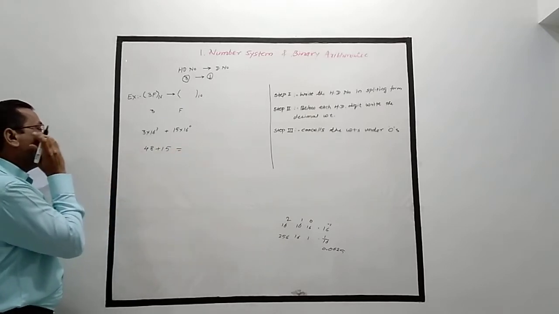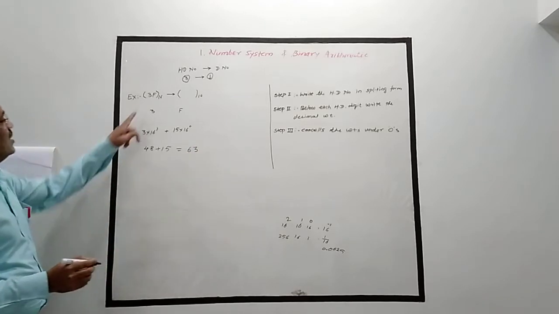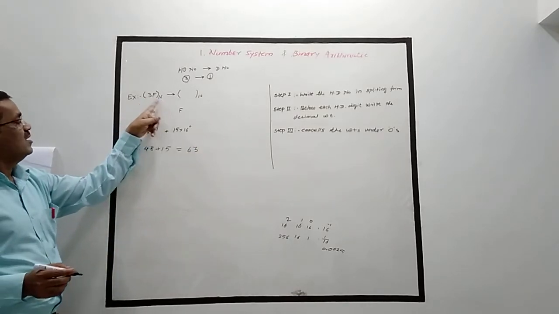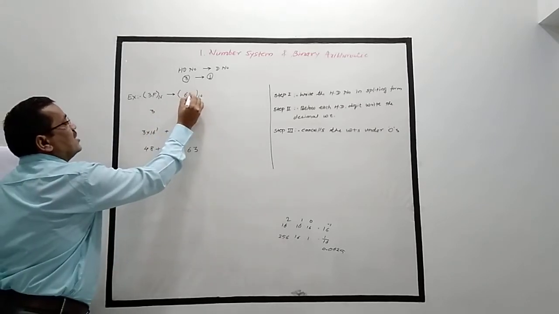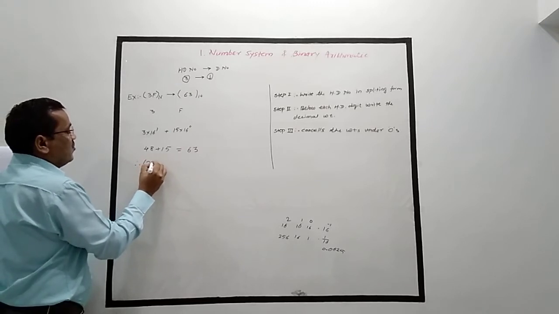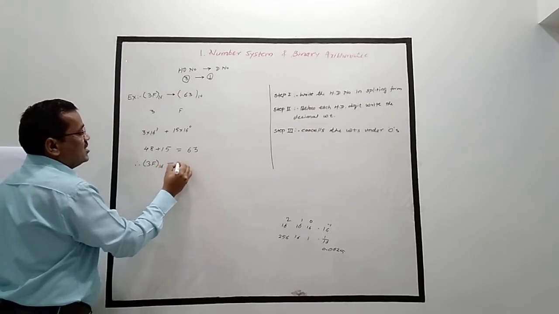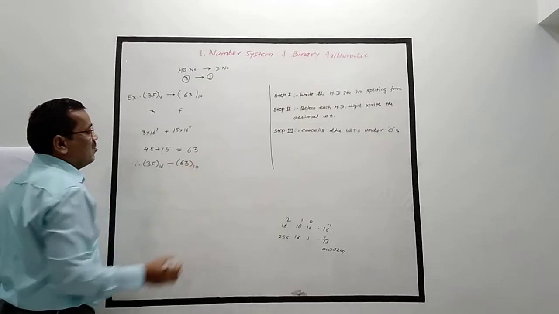After adding, we get 63. So 3F of hexadecimal number is equivalent to 63 of decimal number. Therefore, 3F of hexadecimal number is equivalent to 63 of decimal number.